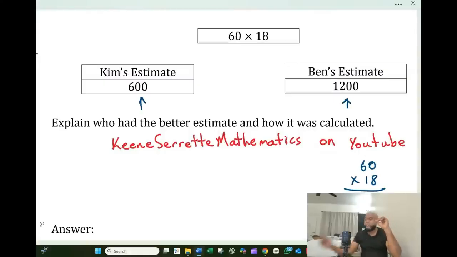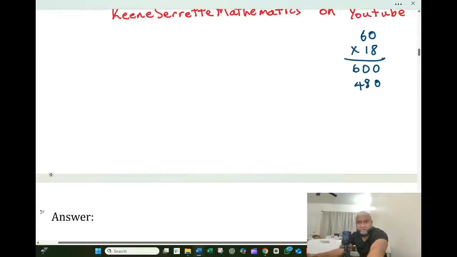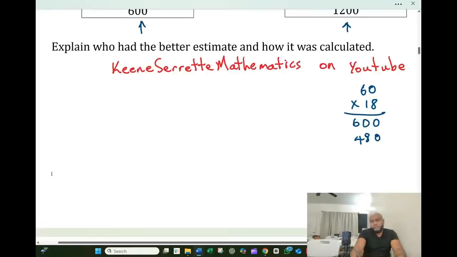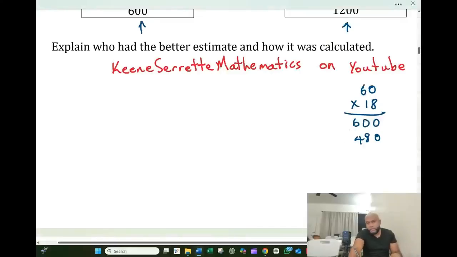Plus 600. Hold on, we got a glitch on the pen. So 600 plus 480 would give us 1080, because 6 plus 4 is 10. Now this is the answer.